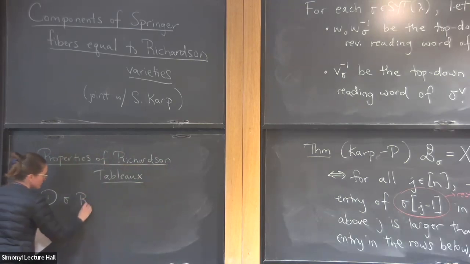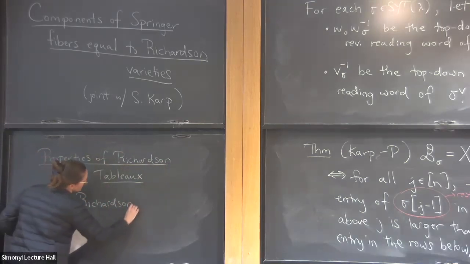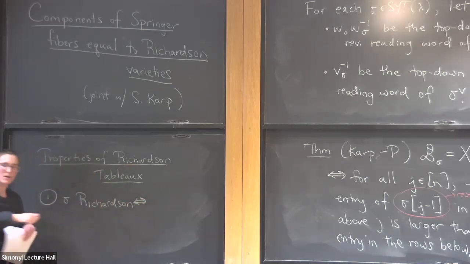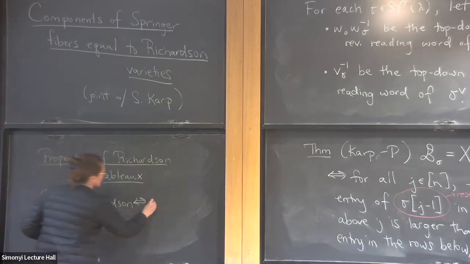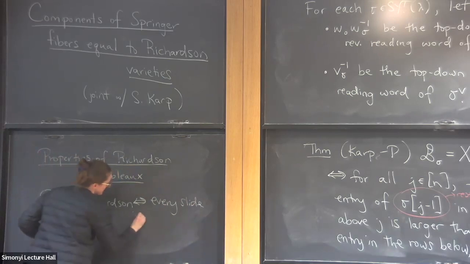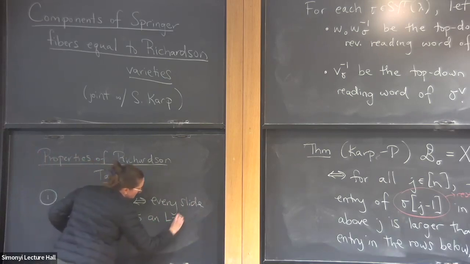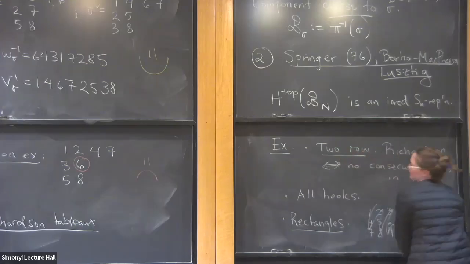Sigma is Richardson if and only if, when you're computing evacuation and you do all these slides, the only kind of slide you're allowed to have is an L slide. You go down and then over. And I cannot compute evacuation on the fly.